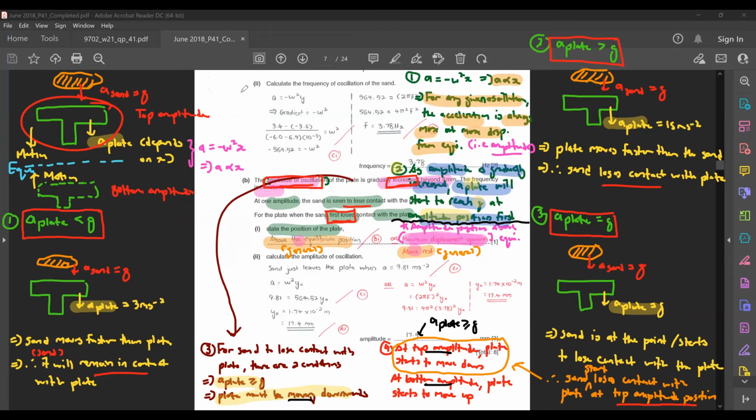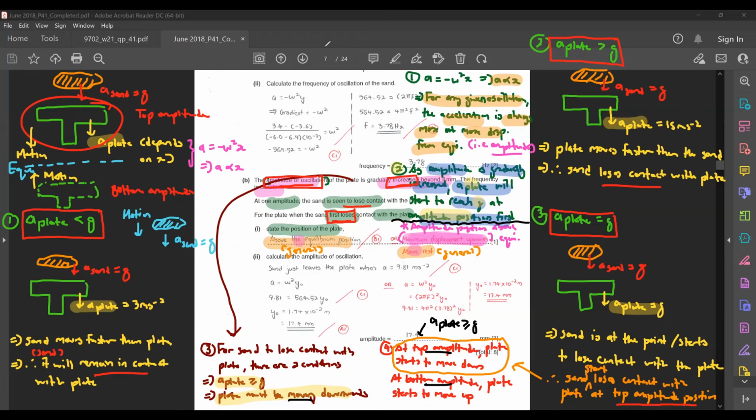It is because, you see, let me just draw it here in a separate color so you can see the difference. You consider this, if my sand is having an acceleration equal to g, and my motion is downwards for my sand. This is my motion downwards for the sand.